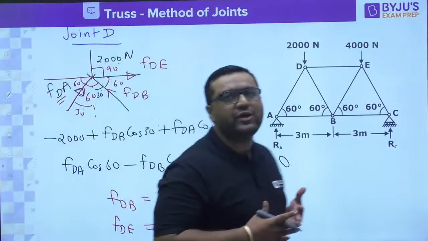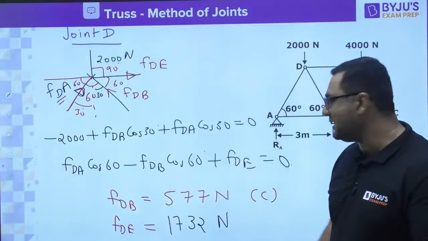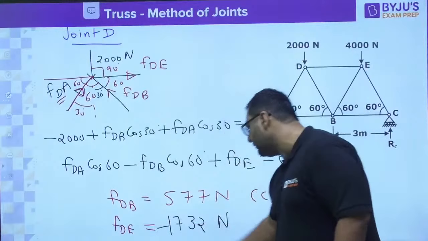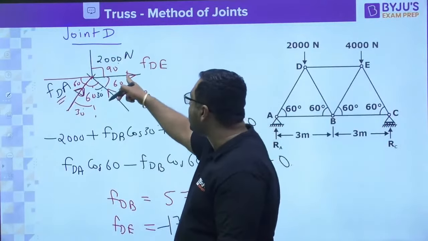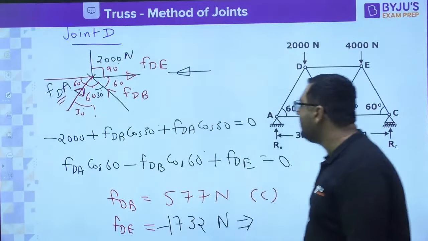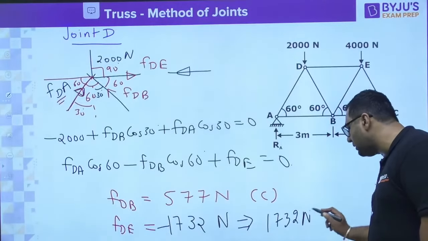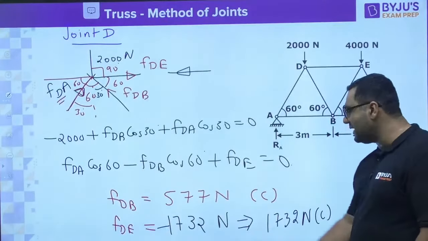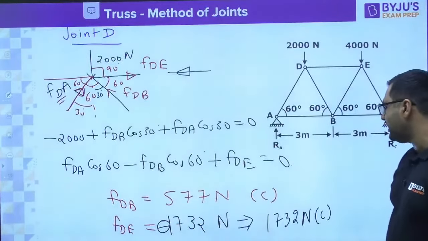So writing the equation, you need to take care. Many times calculation errors may come. Yes, it would be coming out to be minus 1732 Newton. Minus means right now we have shown it in this direction, the real direction will be this one, and if the direction is this one, it should be under compression. So you can also write 1732 Newton compression. Because the assumed direction was for tension, but the answer was coming negative, it means the assumed direction was wrong.